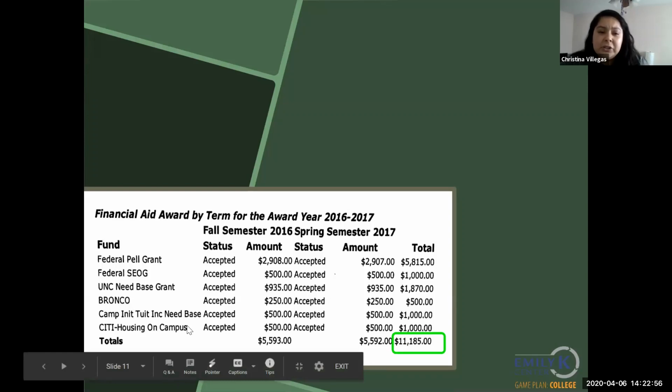Some campus institutional need-based, I think this is probably a scholarship, and this is either a scholarship or a grant. All of this money, this $11,185, technically is free money. Since this is all free money, grants and scholarships, you can see that this is automatically accepted for the students. So this is accepted in the student's account should that student decide to attend Fayetteville State.